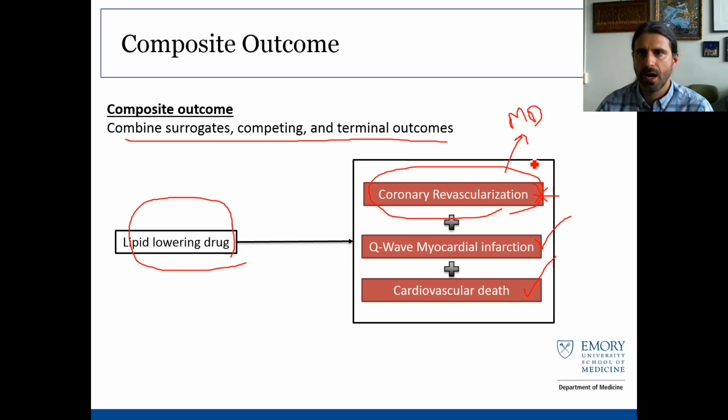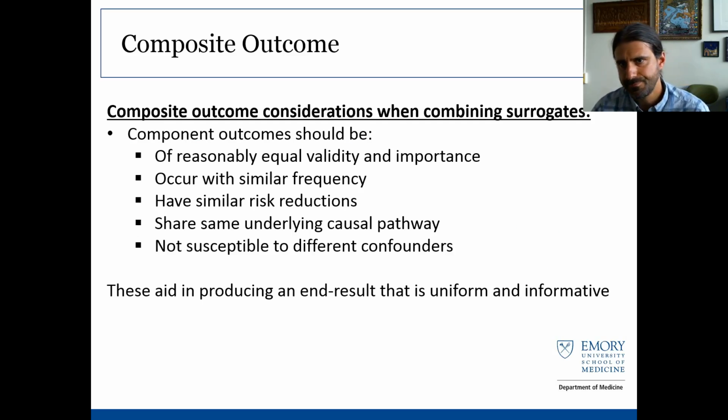So again, you're combining several surrogate or target or competing outcomes into one composite. And it's this final situation, when you're combining different surrogates, where you've got to be a little bit careful. In this situation, the component outcomes you should consider: are each of the components reasonably equally valid or important?